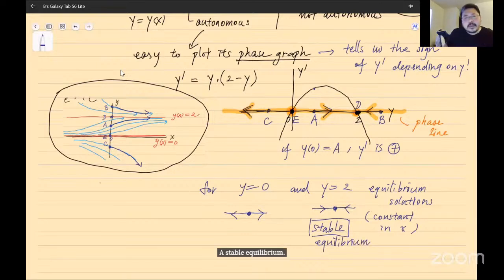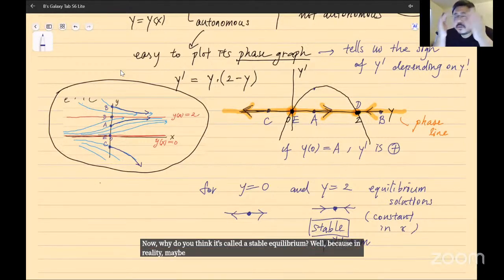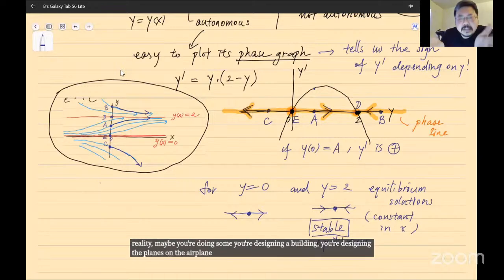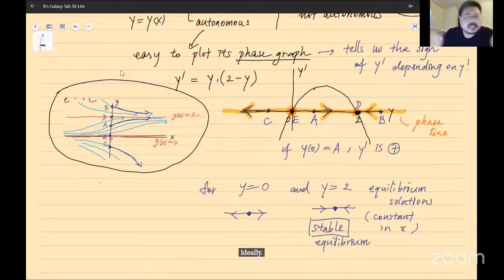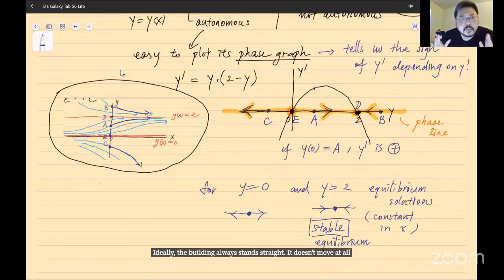Now, why do you think it's called a stable equilibrium? Well, because in reality, maybe you're designing a building, or the wings of an airplane. Ideally, you want these things to never move, right? Let's say you build a building, ideally the building always stands straight, it doesn't move at all. But reality-wise, that is not the case.